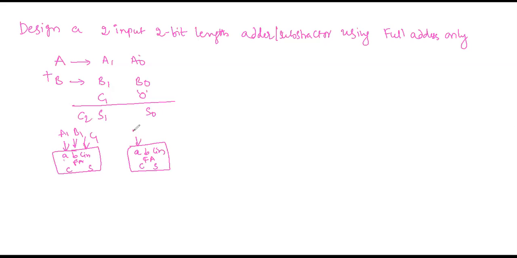Here also A0, B0, 0, and this C is nothing but C1. This is the normal 2-bit parallel adder. Already we discussed it.